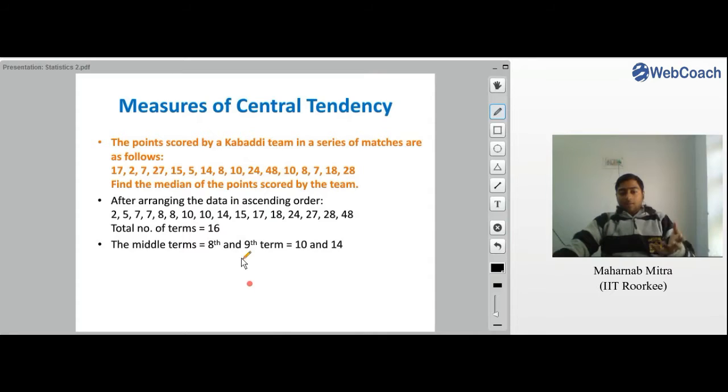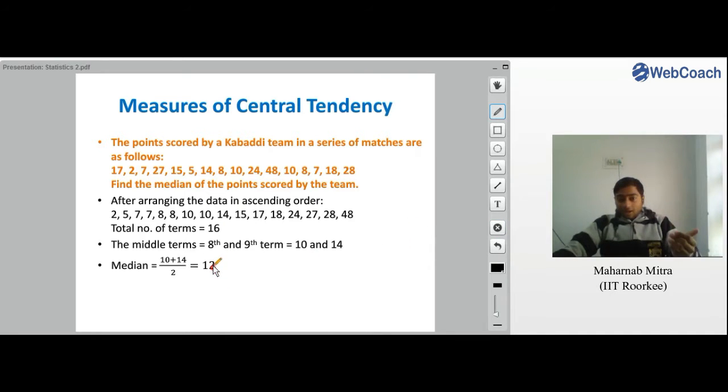So what we do, we just find the middle terms, which is here the 8th and the 9th term, and just find the average. We just find the average of the two middle terms, and here the average comes out to be 12, and 12 is the median of the data.